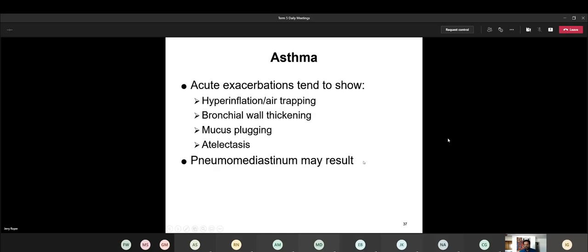Asthma. Now, if you get an X-ray for someone who has asthma, you may not see what you think you're going to see. But if it's really bad, you may get air trapping on that film. And air trapping is usually really dark. And the bronchial wall thickening, you have to have a pretty good eye. You have to, of course, be trained in X-rays to be able to really detect when there is some thickening of the bronchial walls.